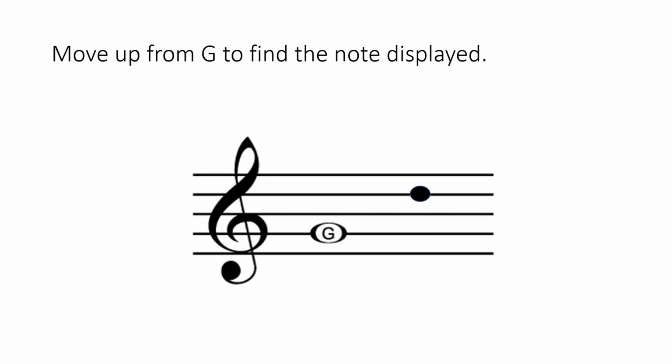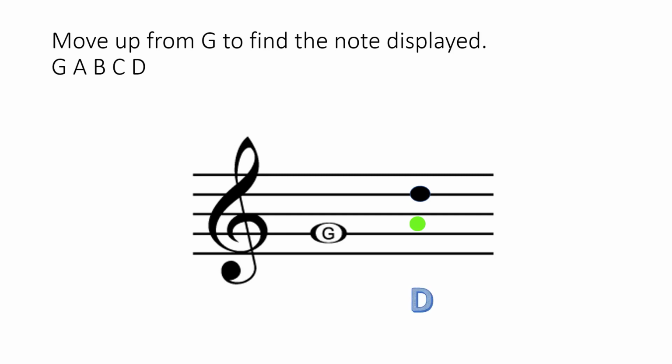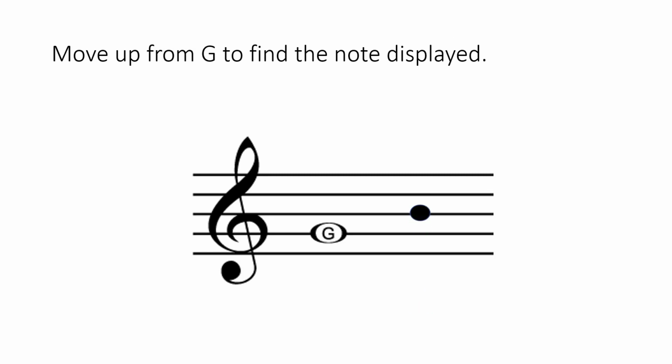Moving up from G, G, A, B, C, D. One step above G, A. Two steps above G. If G is 1, the space above is A, the line in the middle is B.